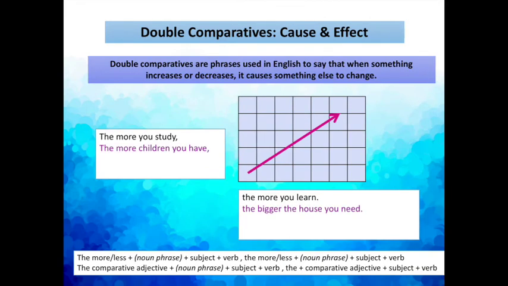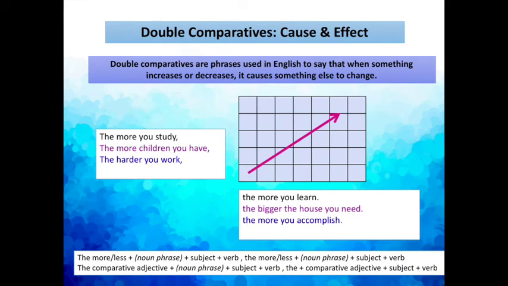The more children you have, the bigger the house you need. The harder you work, the more you accomplish. And the faster the car is, the more dangerous it is to drive. Usually, double comparatives follow one of these two formulas right here.